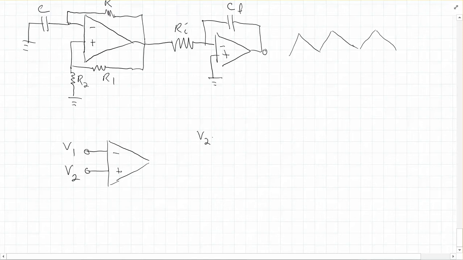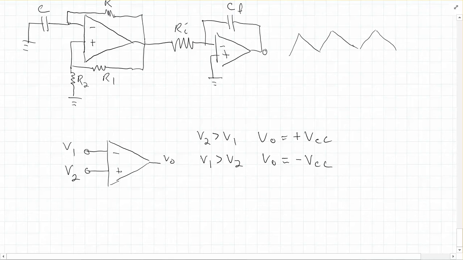If V2 is greater than V1, Vout is equal to plus VCC. The large signal voltage gain just saturates it. If V1 is greater than V2, Vout is going to be negative VCC, because again it's just going to saturate.